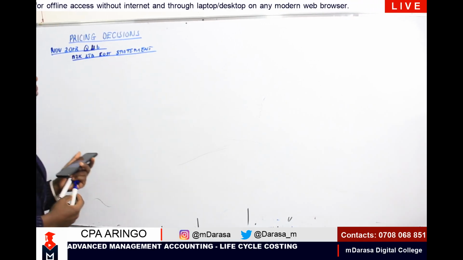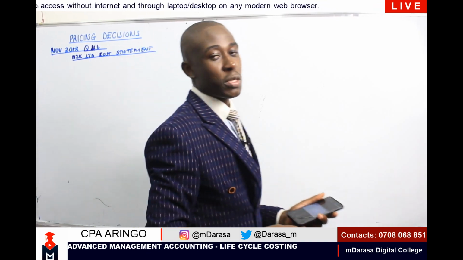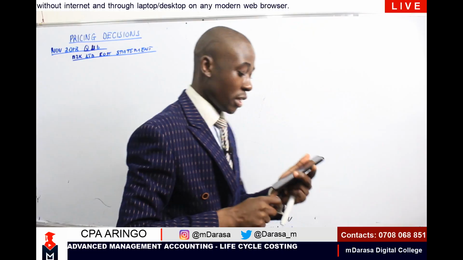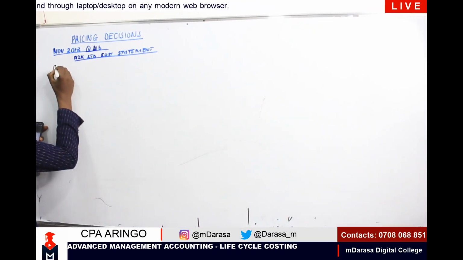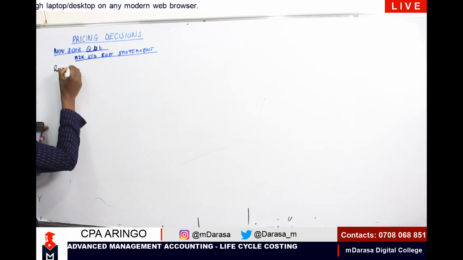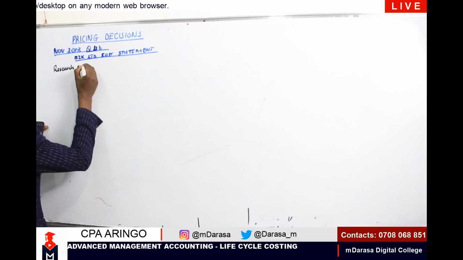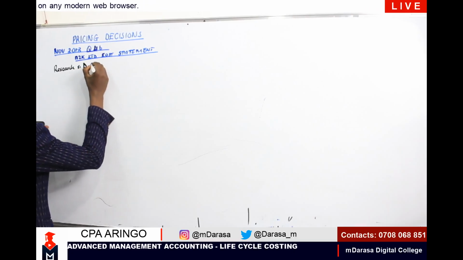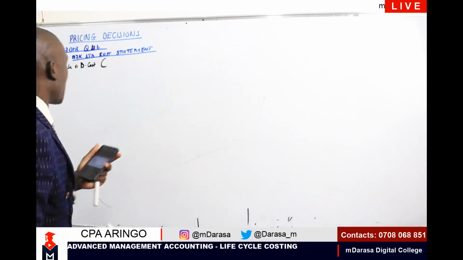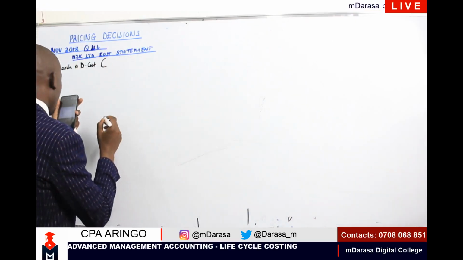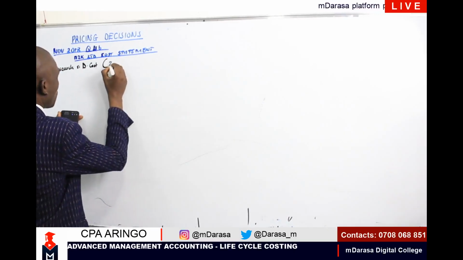Looking at our cost statement, we start with the first cost given here. I was given research and development cost. I need the total cost of the entire period. I was given, as at the beginning of the year, 850,000.